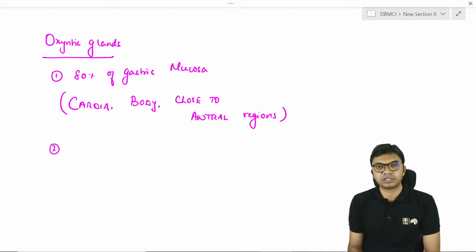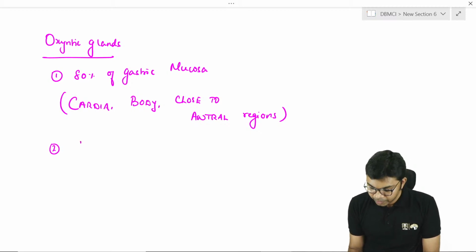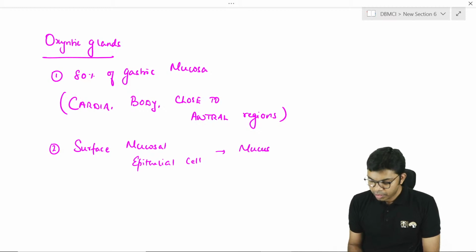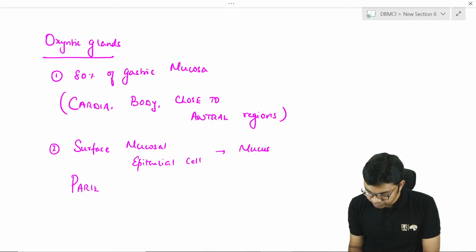Few key important cells of oxyntic glands are surface mucosal epithelial cells, mucus producing epithelial cells, and this cell is going to produce mucus. Along with that, there are parietal cells. Parietal cells are also called as oxyntic cells.